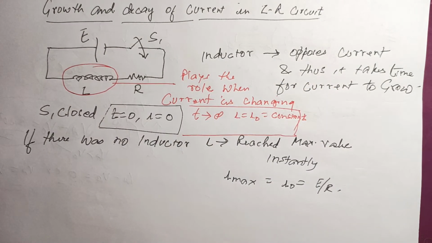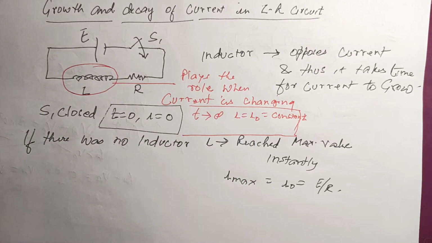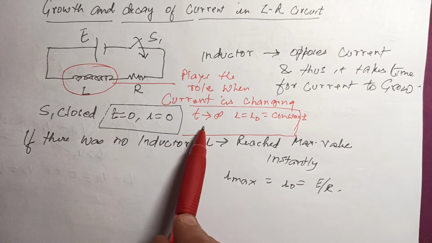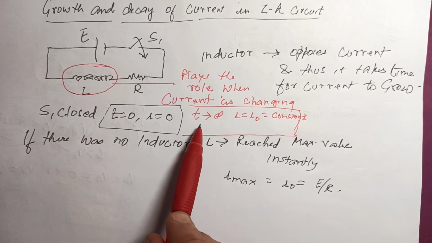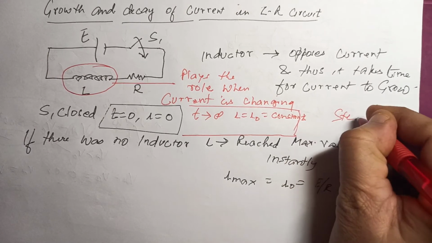So see, this inductor, let's say at t is equal to 0 the current is I is equal to 0, and after some time the current becomes constant. Now that is called a saturated state, or rather the right word is steady state.